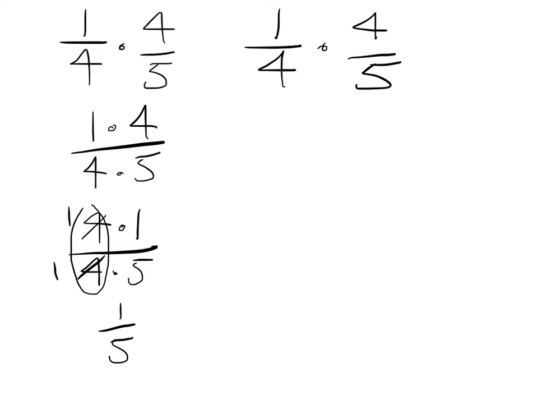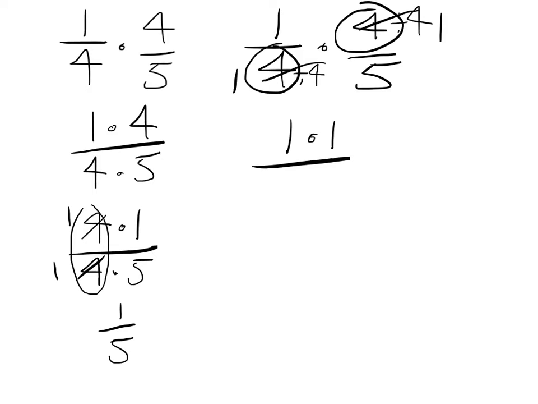So if you're paying attention, you can see that in the numerator I have a 4, and in the denominator I have a 4, and they have a common factor of 4, so I'm going to divide by 4 in the numerator, and that leaves me with 1, and I'm going to divide by 4 in the denominator, and that leaves me with 1. So now when I multiply my numerators, I have 1 times 1, and multiply my denominators, I have 1 times 5, which is how I get my 1/5.